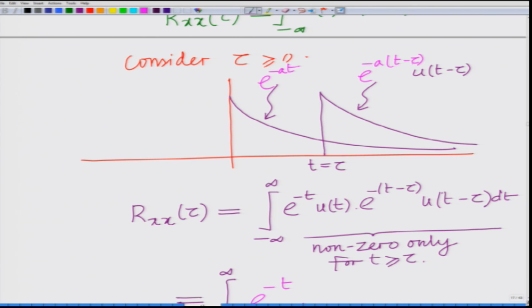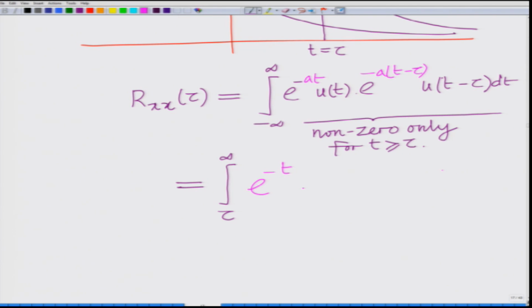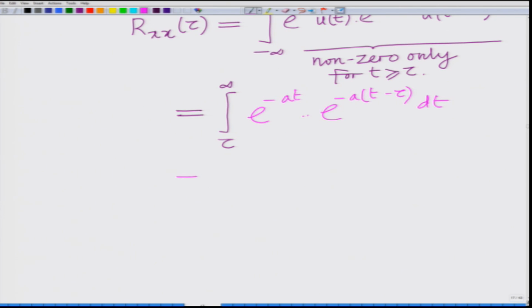Now I can simplify: e to the power of a tau is a constant, so it comes out of the integration.